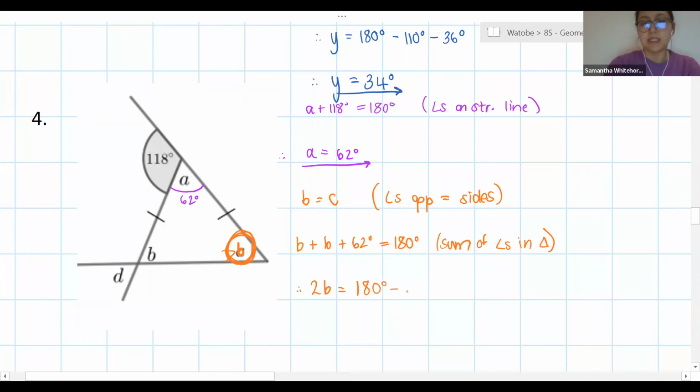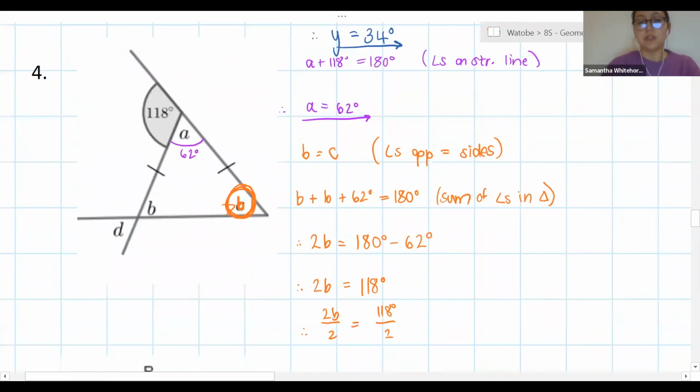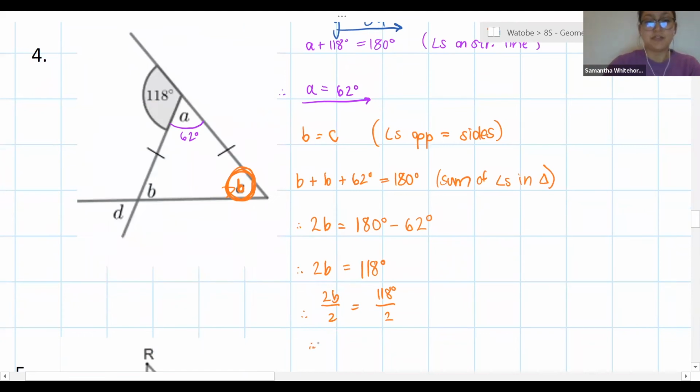I am just writing it with 2b so that we're very clear on the fact that those angles are the same. So 2b is equal to 180 minus 62, which gives us 118. Then to solve for b, we divide both sides by 2. 118 divided by 2 is 59.